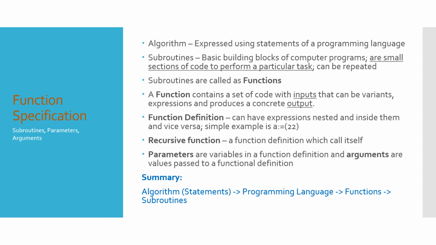When you talk about any function, it always has a set of code with inputs as well as outputs. Inputs such as variables and expressions, including parameters, are needed to produce a correct output. When you write a program for 1 plus 2 equal to 3, it's a one-time task.